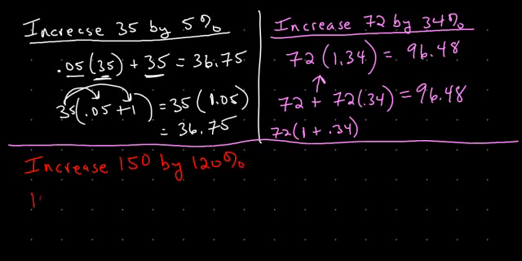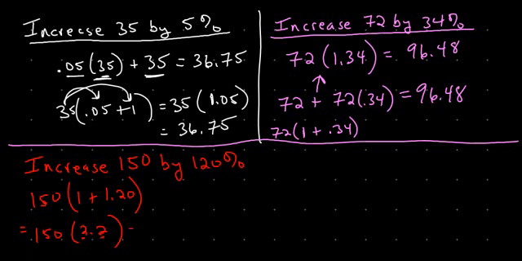First, I'm going to say 150 times 1 plus 1.20. So that's going to be 150 times 2.2. So when we increased it by 120%, we increased it by 100%, so we doubled it. That's where that 2 comes from. And then another additional 20%.